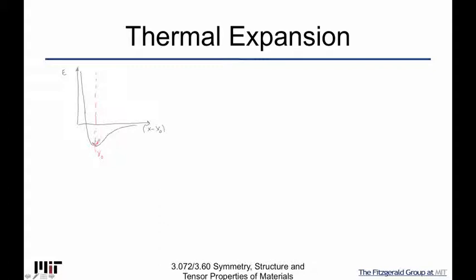So it's all related, but here thermal expansion is actually about the imperfection of this. Now imagine as we heat this material up, the atom vibrations. So let's actually draw this first.